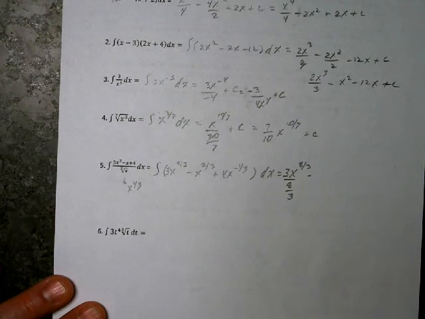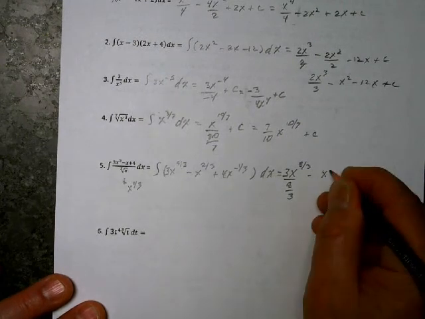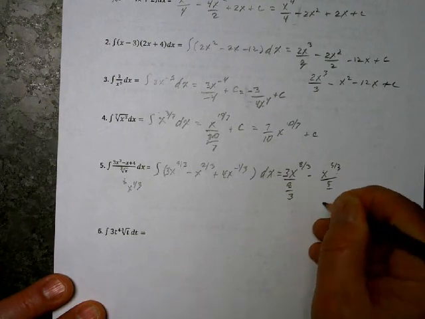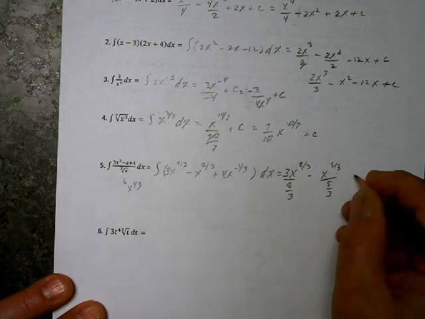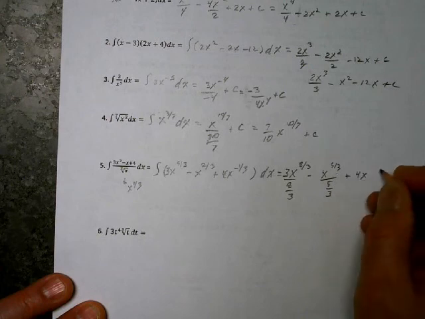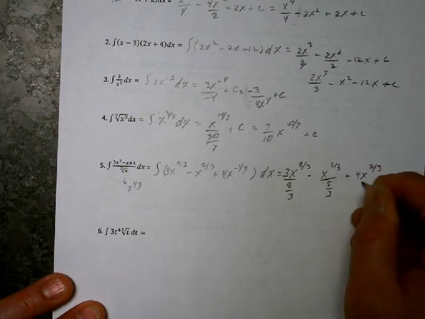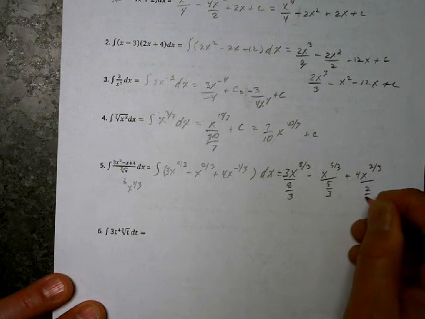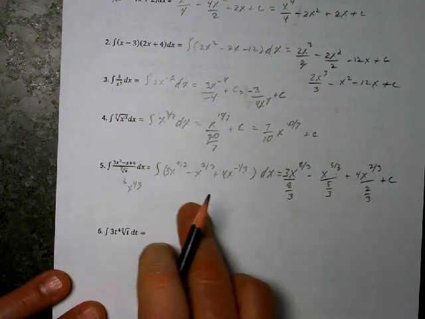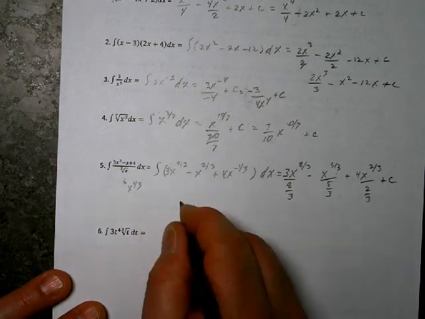This is going to be over 8/3, minus x to the 5/3 over 5/3, plus 4x to the 2/3 over 2/3 plus c.